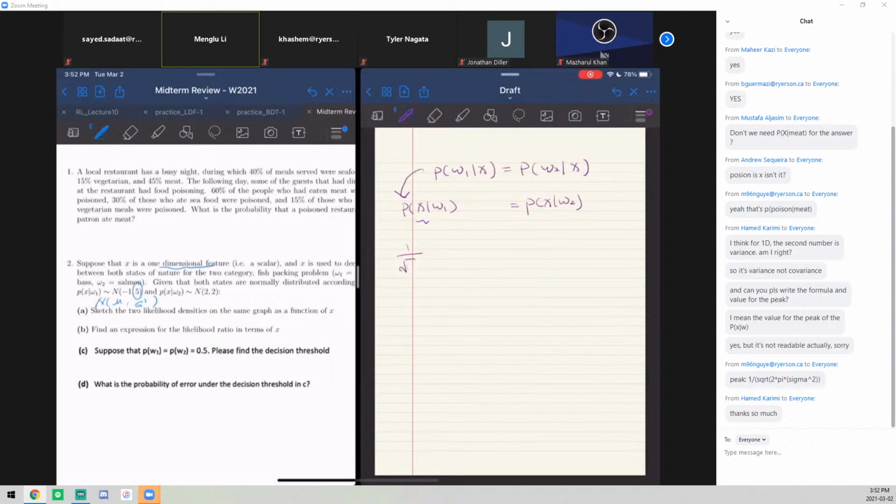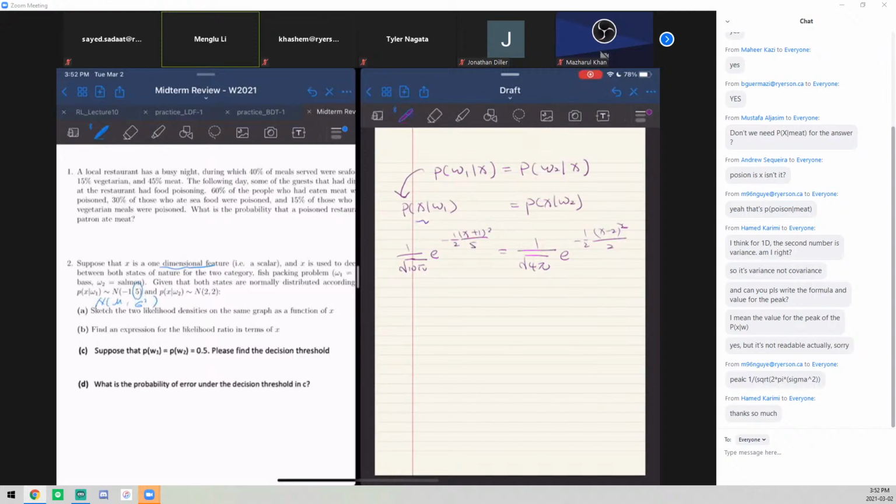Okay, it's not 10. This step just plugs in the Gaussian formula, and then we want to find x.